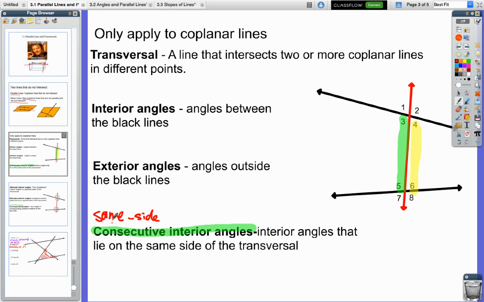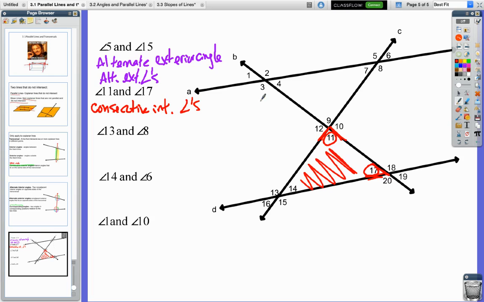They replace this word, same side and consecutive, back and forth in different books. And I think in this book too, they'll sometimes say that. So these are consecutive interior angles, or you just say consec interior angles. Either one. All right. Good.